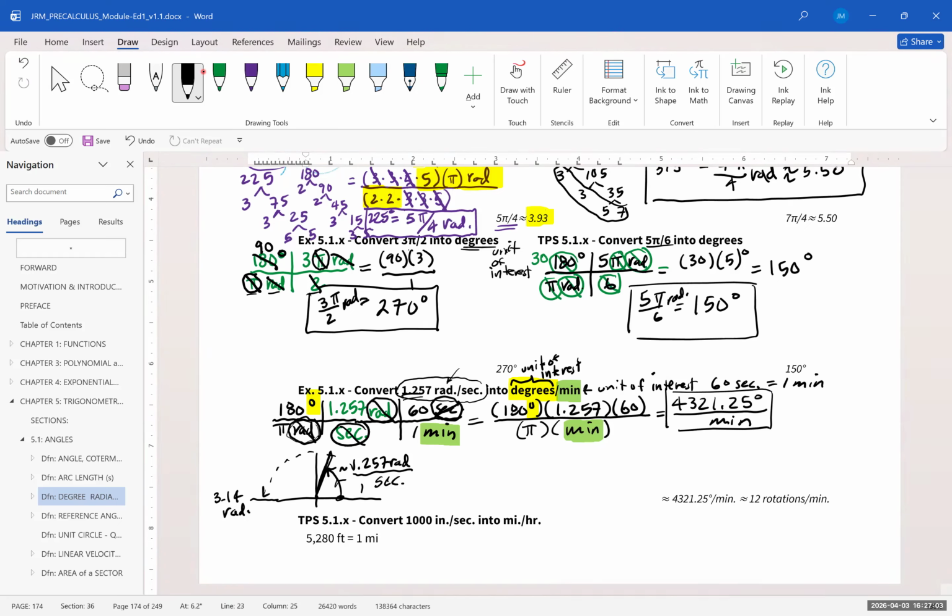Well, if it rotates that far every second, then in about 6 seconds, it's going to go all the way around, approximately.